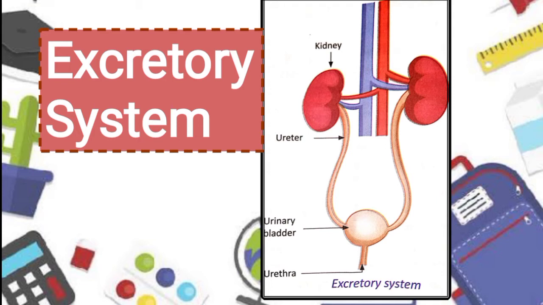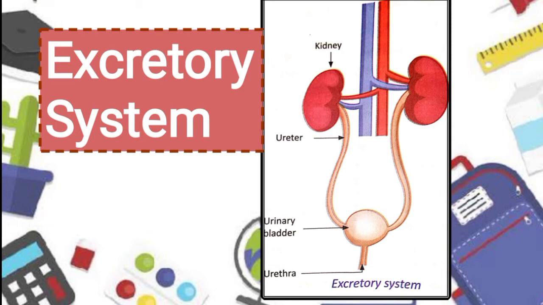There are a few main functions of this system: it eliminates waste products in the body such as urea, and these waste products are excreted from the body through urine. The excretory system consists of a pair of kidneys, a urinary bladder, a pair of tubes called ureters, and the urethra.